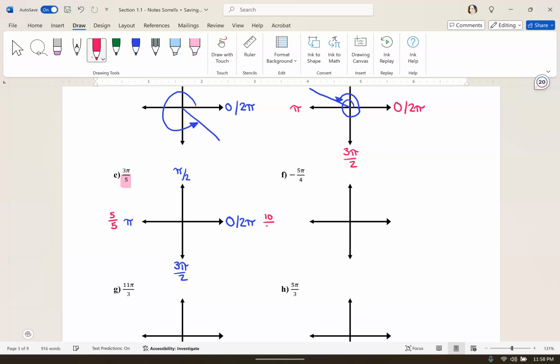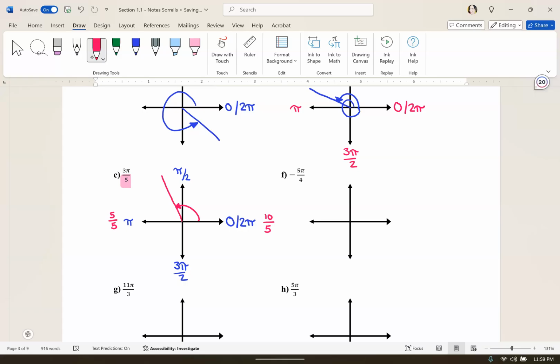This would have to be 10 over 5 to get the 2. 3 is less than 5, but I also know that 3/5 is going to be more than a half. So I am looking at an angle roughly right here.